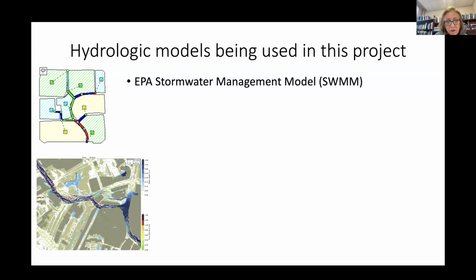A newer model that is being tested out at Morgan State is called CityCat, the City Catchment Analysis Tool. This is being tried by Julia Atayi, a PhD student working with James at Morgan State. This model solves the 2D shallow water equations.